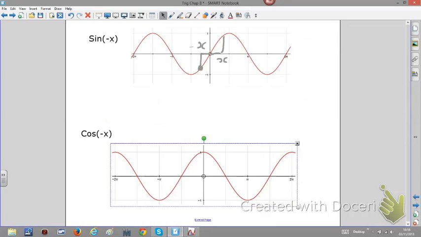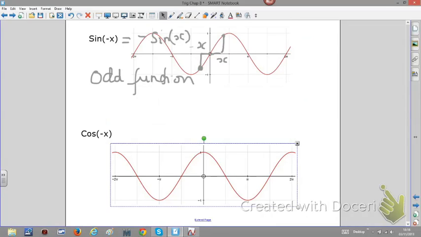Well, we can see that you get the same sine value, but it's minus. So sine of minus x is equal to minus sine x. And if that's true, it would be a rotational symmetry of 180 degrees, and we say that it's an odd function.